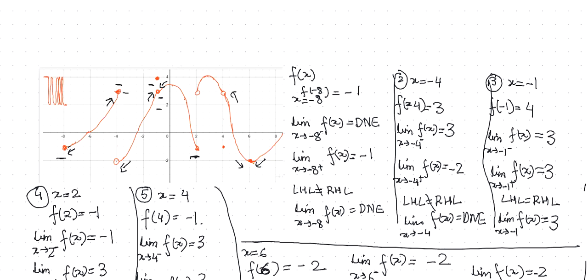So at -1 and +4, we see that this is a point of discontinuity, where there is an empty hole here.